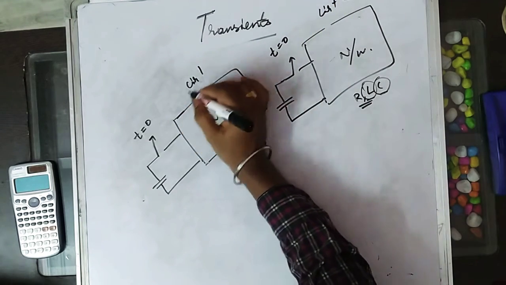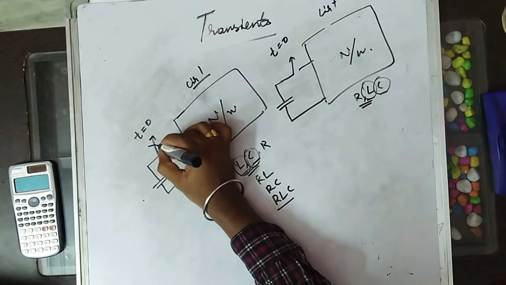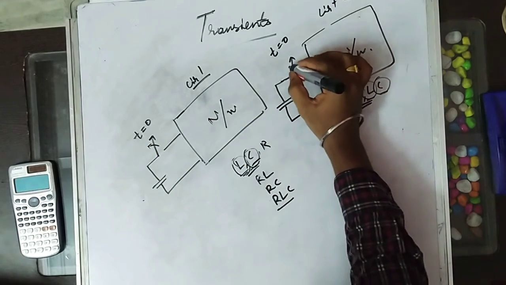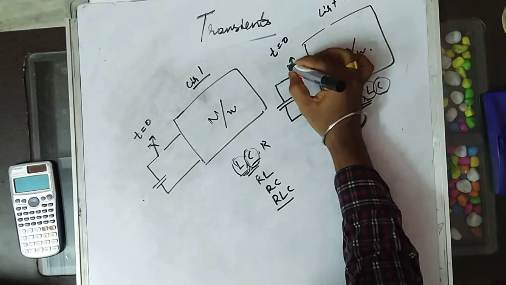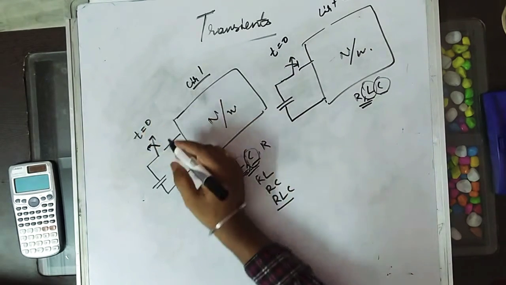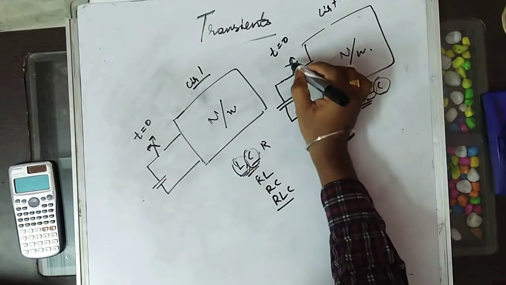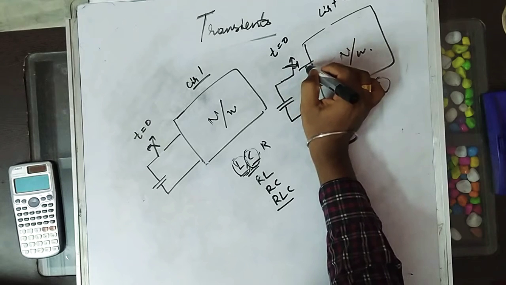For circuit 1, the source is removed, while for circuit 2 the source is acting. If I keep an arrow upwards, it means I am removing this source. Here I am keeping the source.